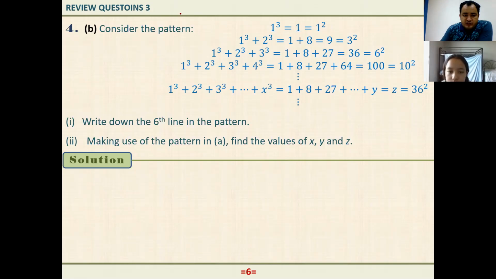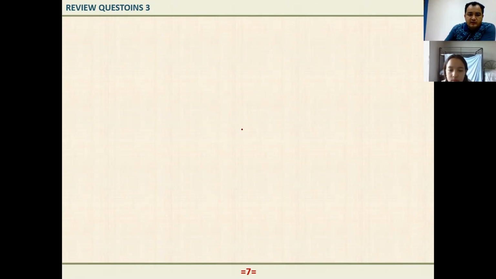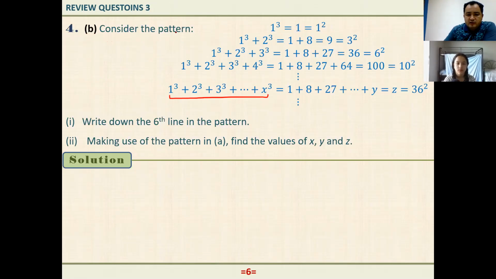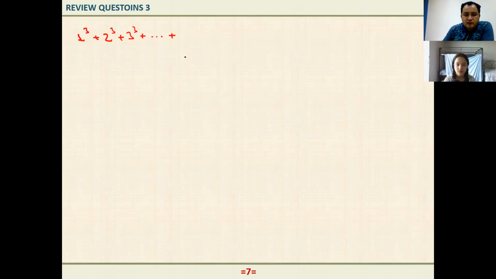Okay, Shahina, if you notice here, we have something like this. Here we have 1 cube plus 2 cube plus 3 cube plus dot dot dot plus, let's say line 4, that is 4, this is x cubed.